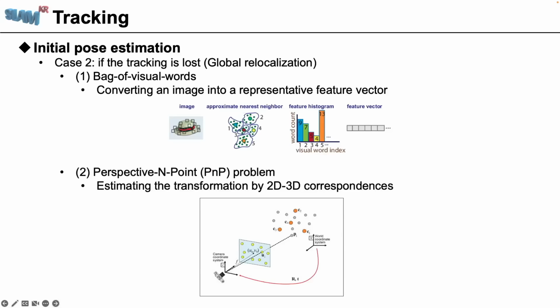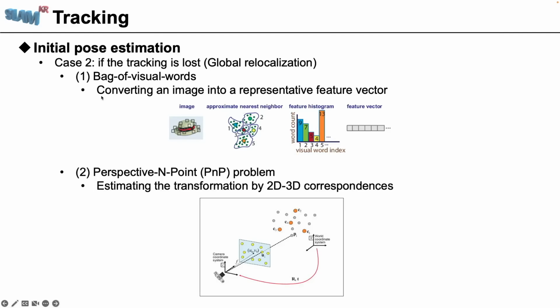And in the second case, if the tracking was lost, then the tracking failed, we can use bag of visual words. That means a kind of loop closure detection.